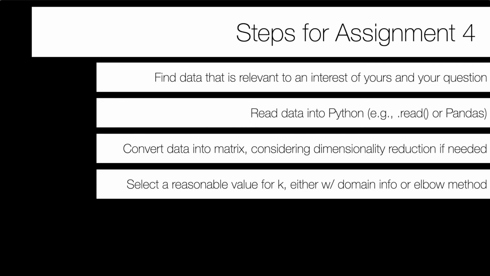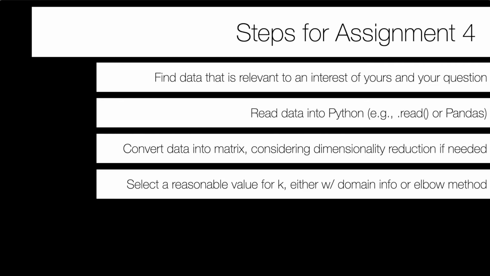If you need to, you can consider using dimensionality reduction, so truncated SVD or PCA, depending on how big your data is. In the example I have in GitHub for k-means, you'll see that the method for selecting k is a little bit clearer if you use dimensionality reduction first, but that's certainly not necessary, though it does help for some scalability issues. Then you want to select some reasonable value for k.